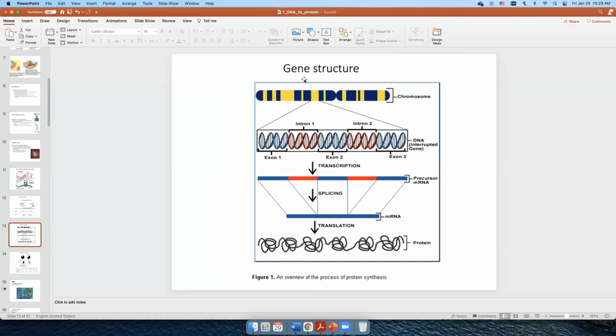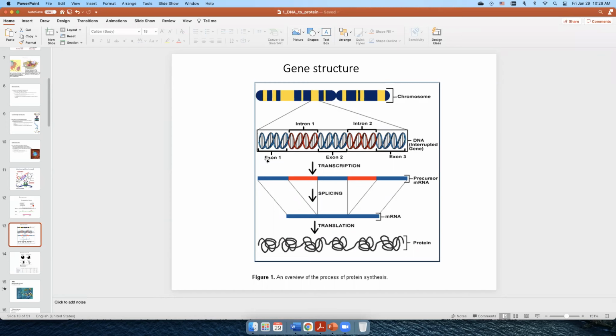But from the gene structure, not everything is translated into protein. For example, here shows some segments of gene structures. Let's see, it has some yellow part. Take this yellow part as an example. In this yellow section, you will see the DNA contains some blue and red pieces, which are shown here.